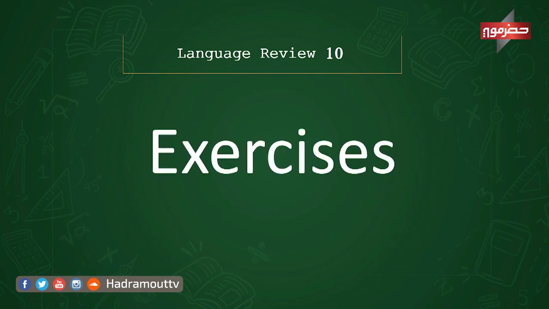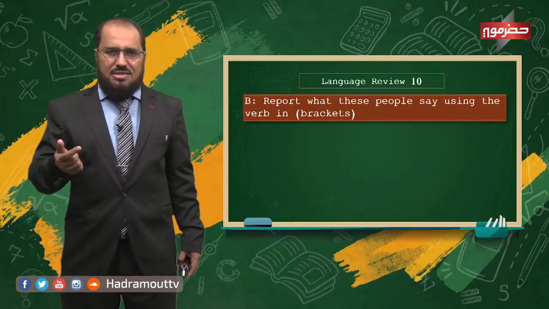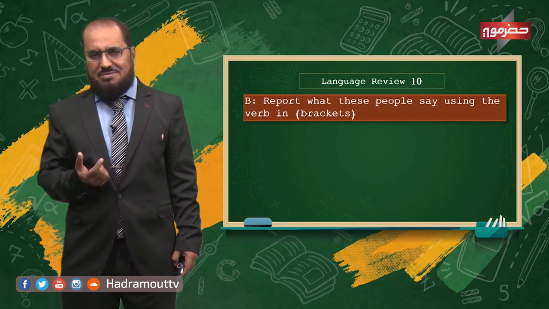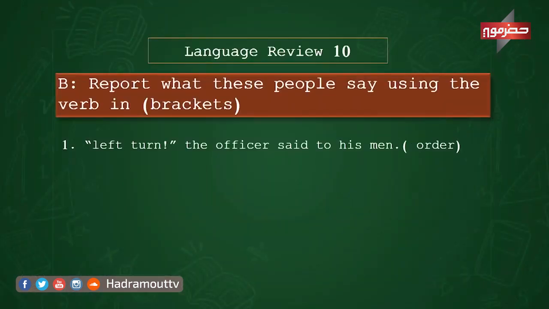Okay? Exercise, page 66B. Report what these people say using the verb in brackets. Report, make it reported speech. Okay? This one. Left turn, the officer said to his men. Order.